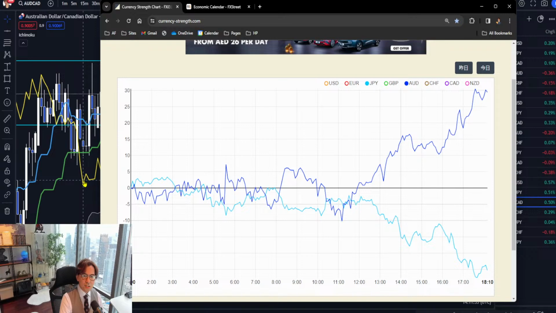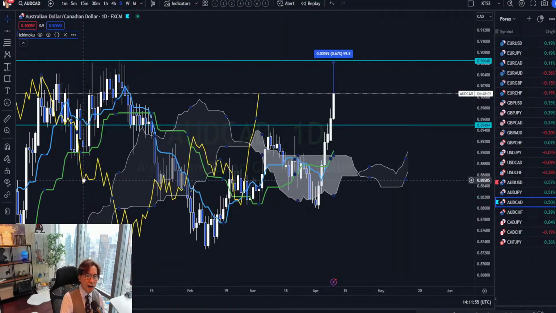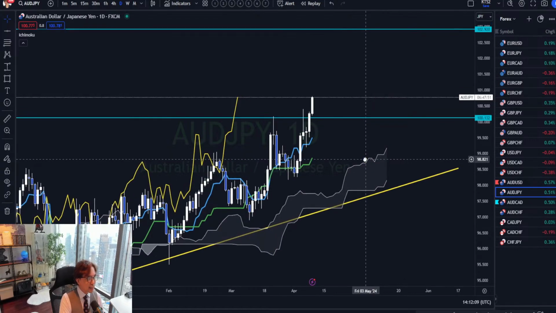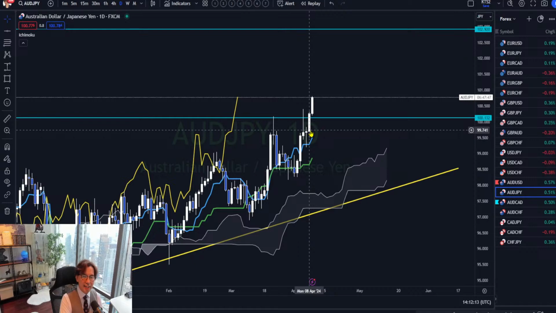So if you also check the charts, please check yourself, take the daily time frame, and see if the price is above or below the Kumo. So AUD/JPY, daily time frame, it's above the Kumo also, so this is looking nice. So I mark light blue also on this one.